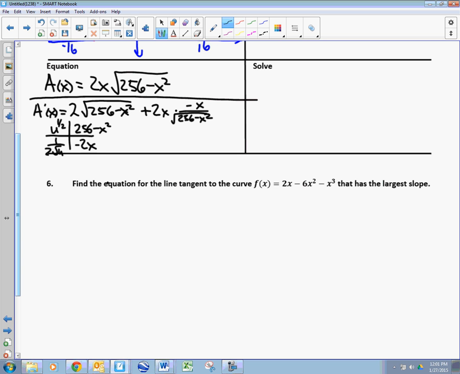I'm going to take that and set that equal to 0. So 0 equals 2 roots of 256 minus x squared minus 2x squared over the square root of 256 minus x squared.